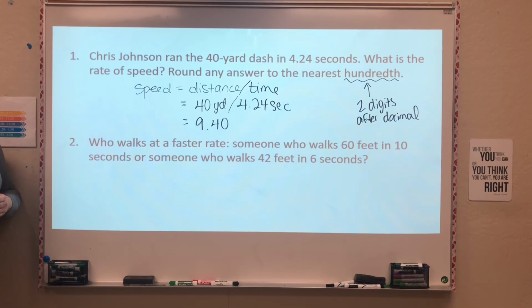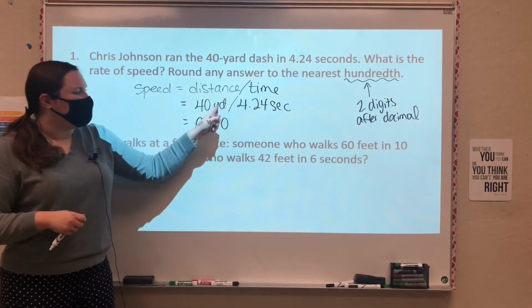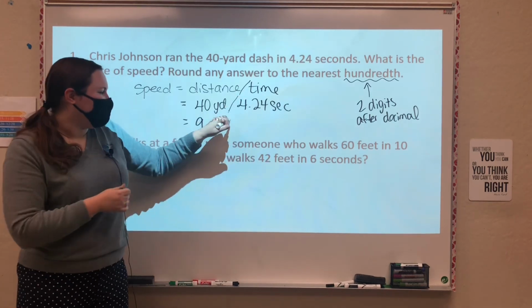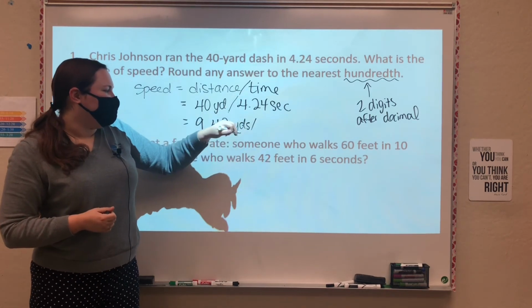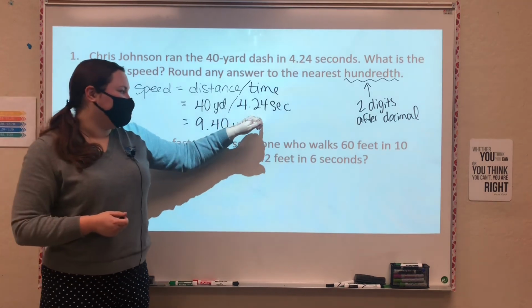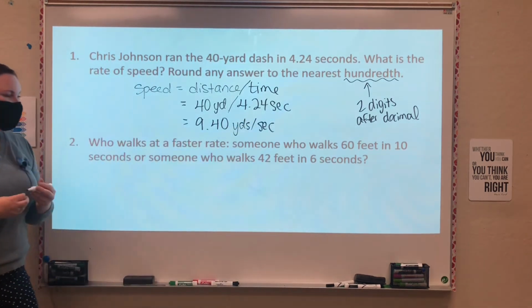The rate of speed. It is the rate of speed. Put some words with it. 9.40 what? Yards per second. Yeah. Go back up to the math we did. Yards per second. It means he has gone 9.40 yards in 1 second.